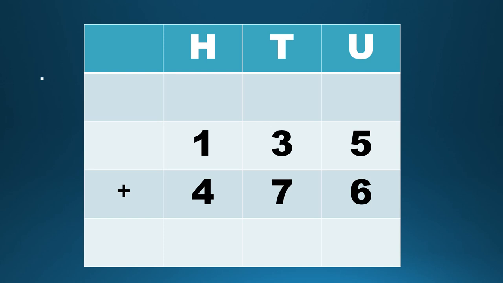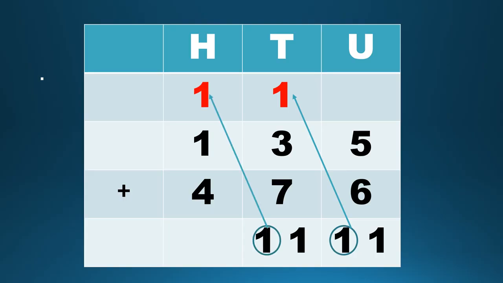Let us add 135 plus 476. What is 5 plus 6? The answer is 11, and we carry over the 1 to the tens place. 3 plus 7 is 10 plus the carryover 1 makes it 11.